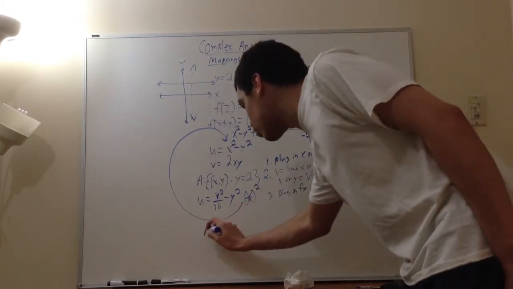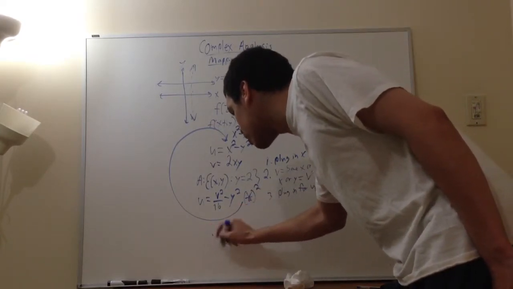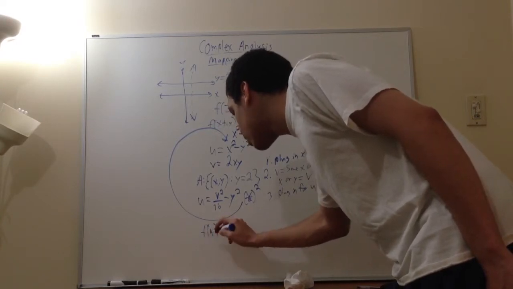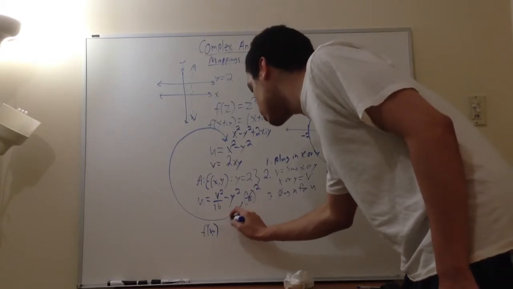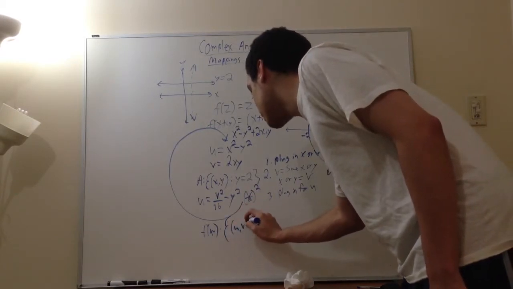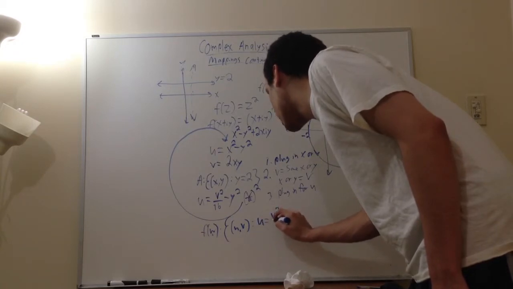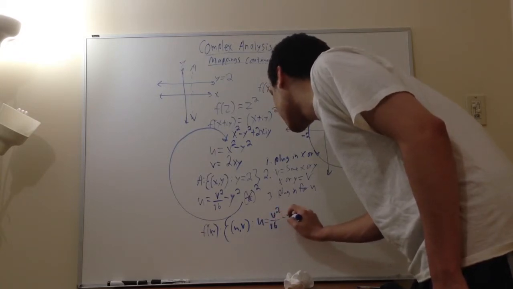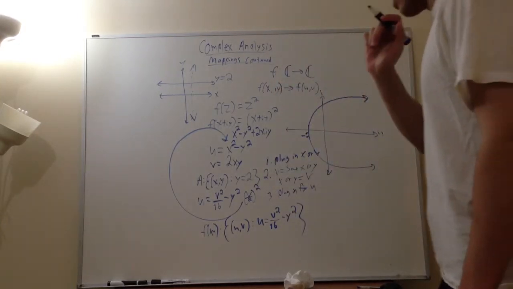And so our f of w, which is essentially the result of our mapping, our output, we can say is going to be uv such that u is equal to v squared over 16 minus y squared. That is our result.